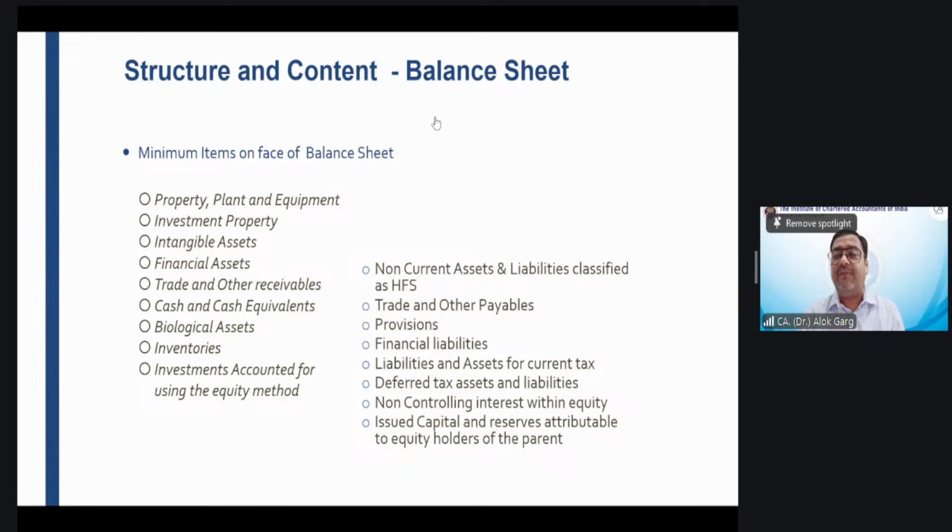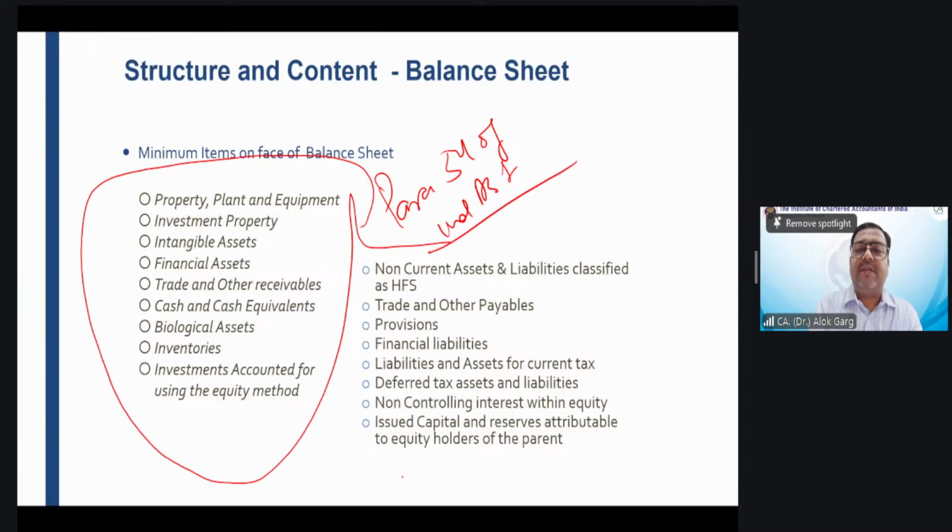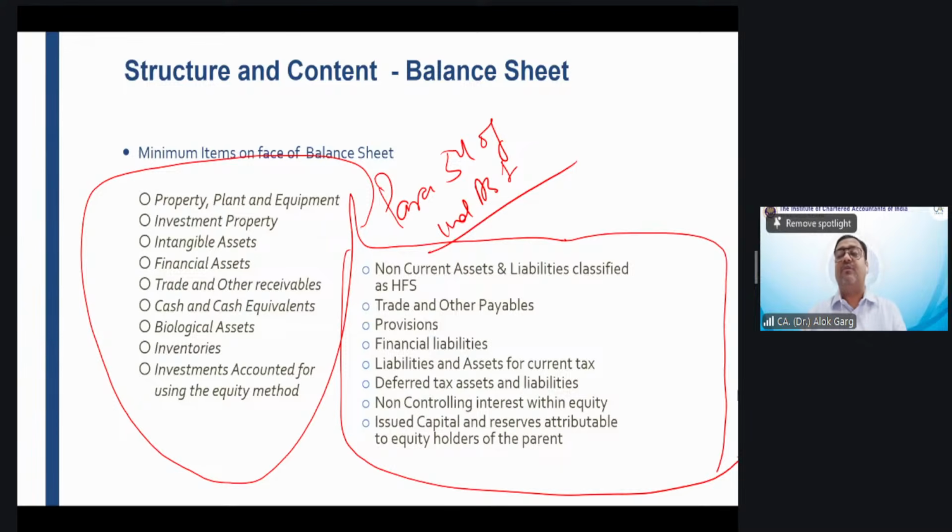Para 54 of Ind AS 1 gives you the minimum line items which have to be presented on the face of the balance sheet, right?